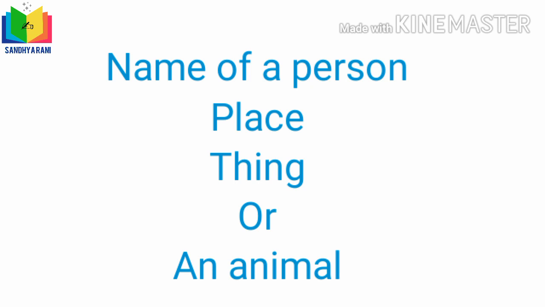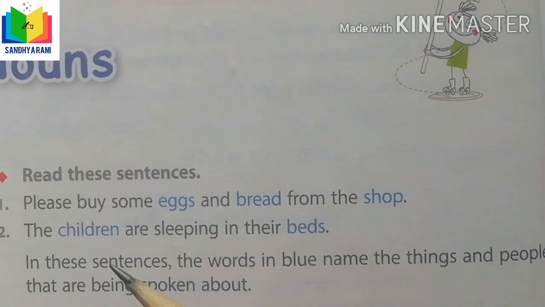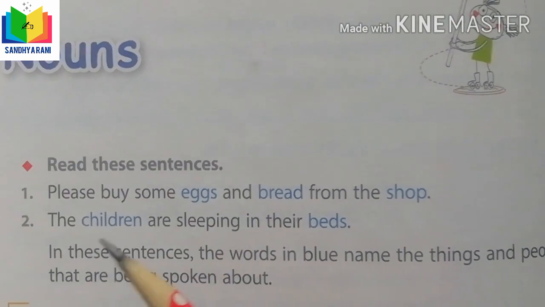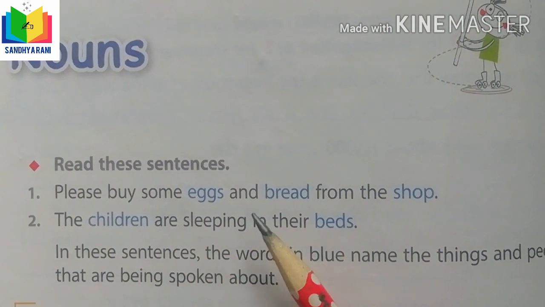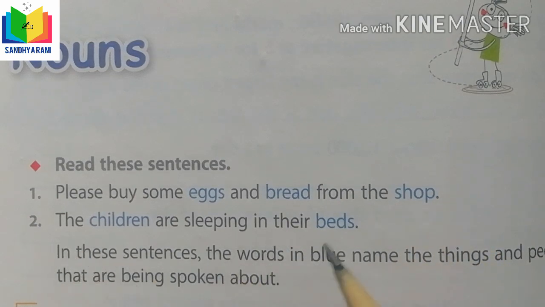Now, let us get into example. See here, children, I will read these sentences. Please buy some eggs and bread from the shop. Let us check the second one. The children are sleeping in their beds. In these both sentences, you can observe the words in blue are things and people that are being spoken about. Yes or no?